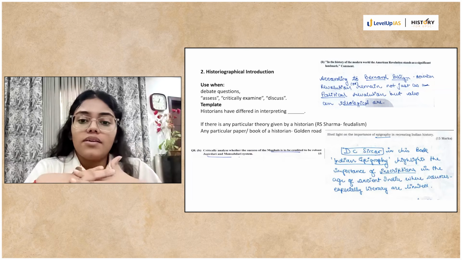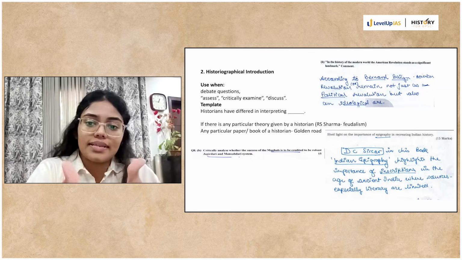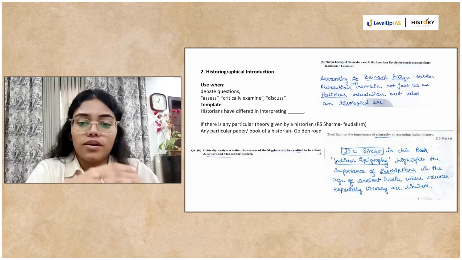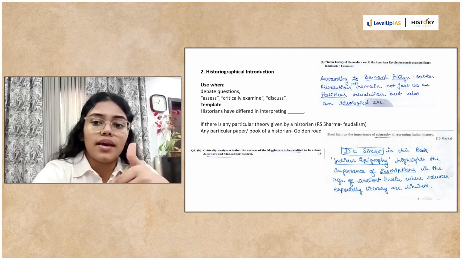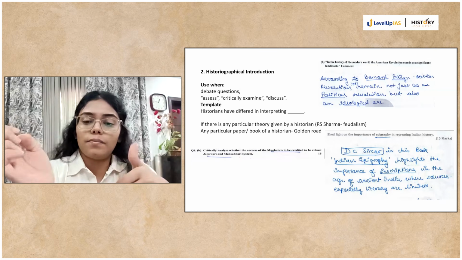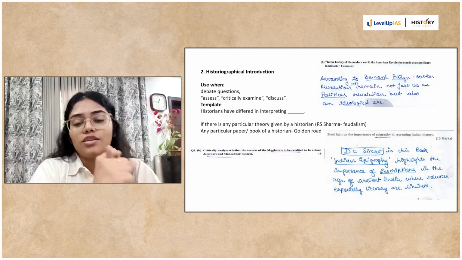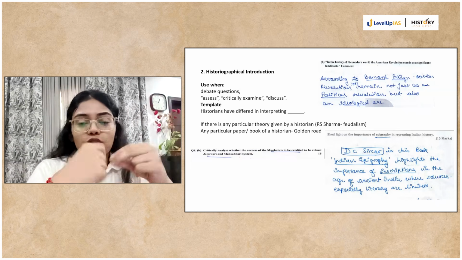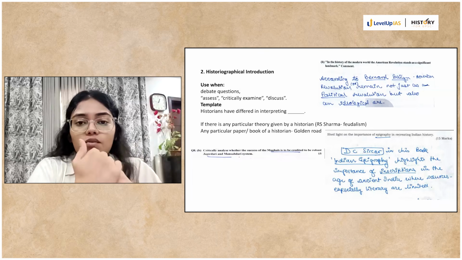And if I quote a scholar or historian and say that the American Revolution was not just a political revolution but also an ideological one, which was his major argument, then I directly hit the demand of the question. And secondly, I give a very authentic, legitimate argument, which is not mine, but of a very esteemed scholar. So this is something that you can do.